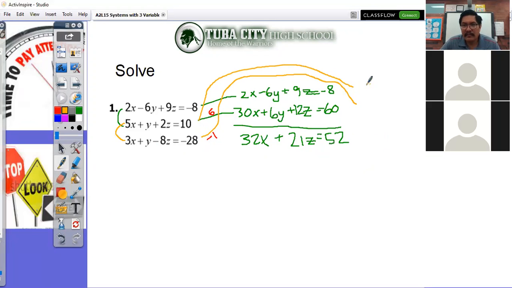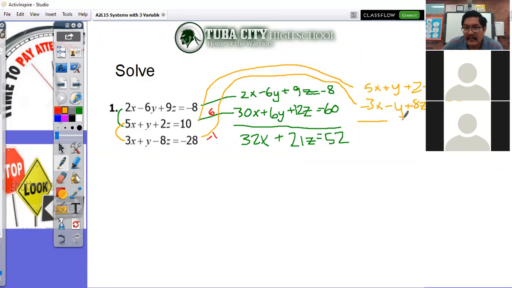So the first one, I can leave the same: 5x plus y plus 2z equals 10. And then everything on this one's going to have to be reversed just because I'm multiplying it by -1. Negative y plus 8z. And then 28 would be positive because it's times by -1. And double check to make sure I changed all the signs, which looks good so far.